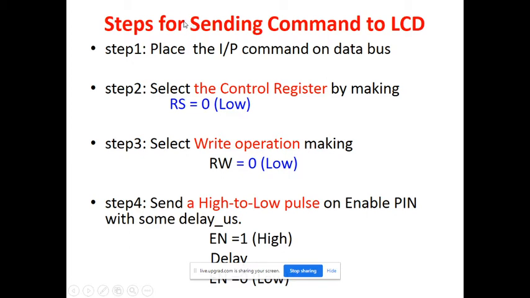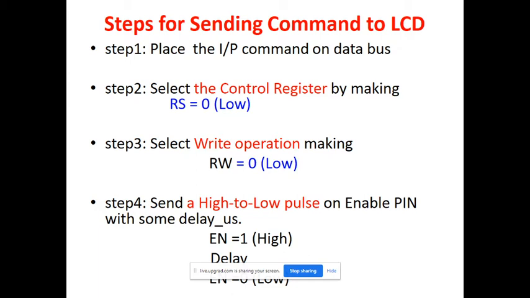Now we want to write the code. Before that, first we will discuss the command subroutine and the data subroutine. You are giving various commands to the LCD, such as clear the screen, set the cursor position, then increment the cursor every time. Every time you do not write the same thing again and again.